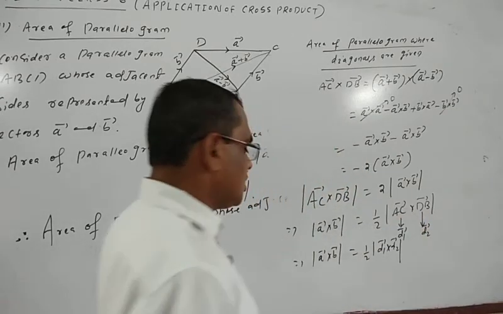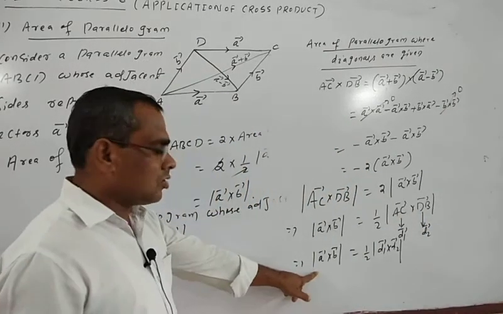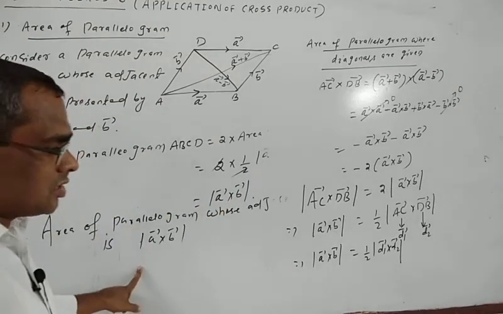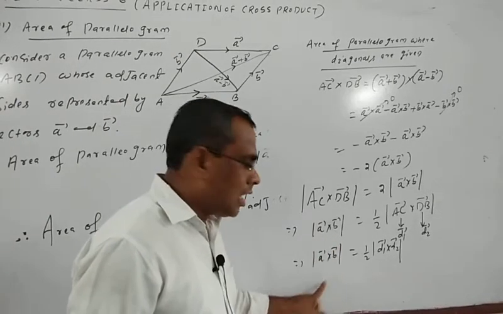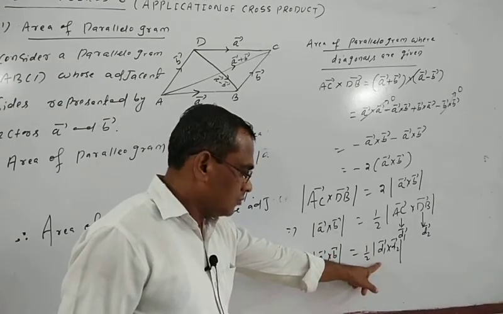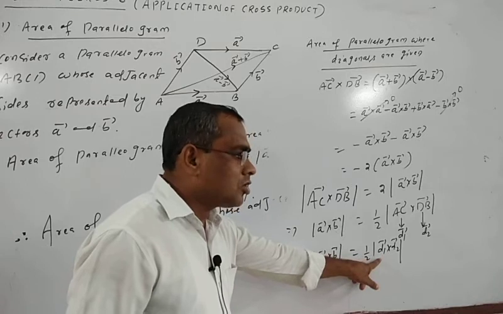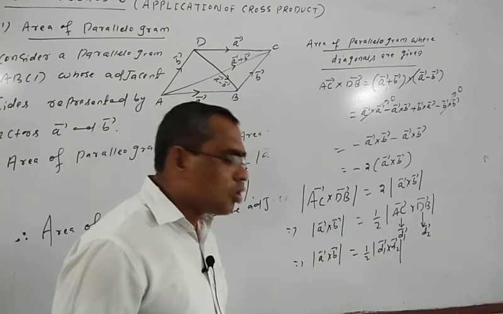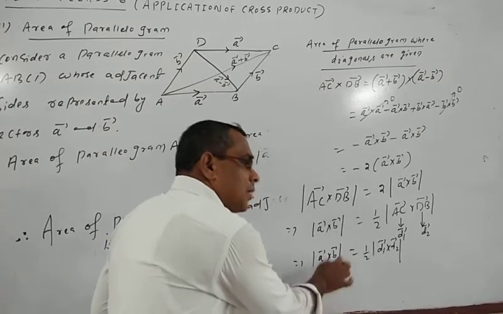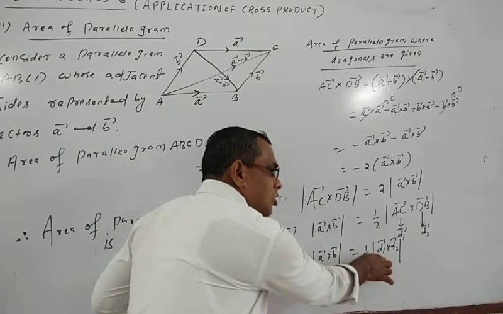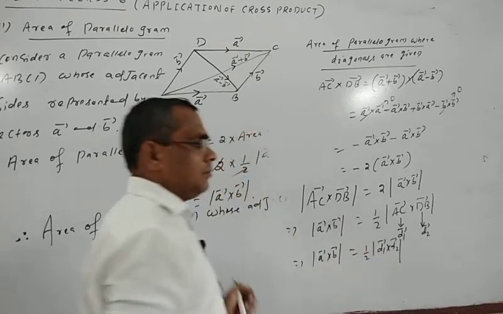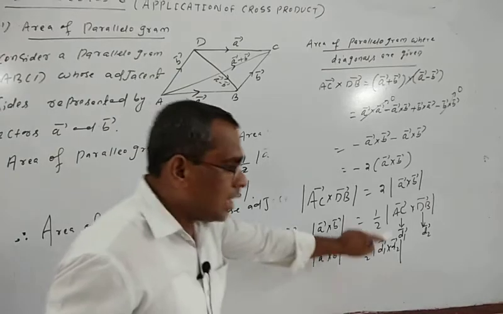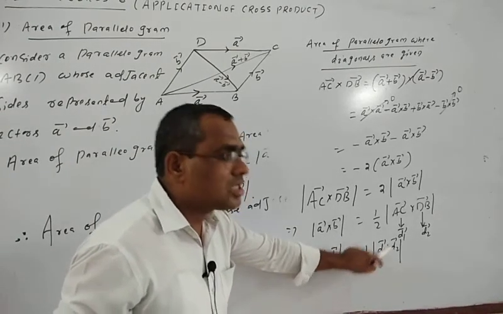So what does the LHS represent? Clearly the magnitude of a cross b is the area of a parallelogram whose adjacent sides are a and b. So half into the magnitude of d1 cross d2 is equal to the magnitude of a cross b, which also represents the area of the parallelogram. Here it is the area of a parallelogram whose diagonals are given.